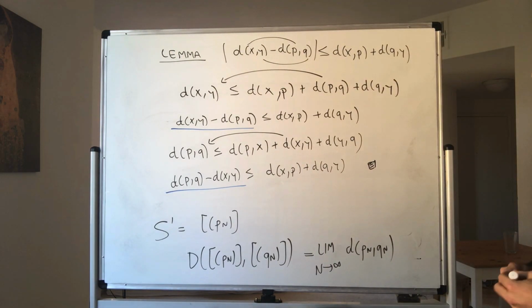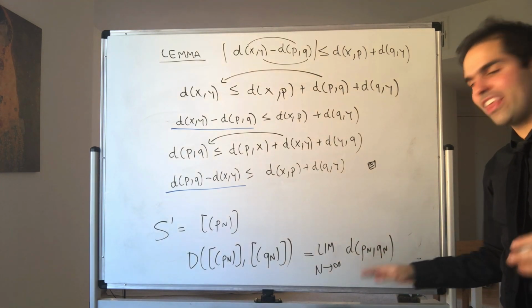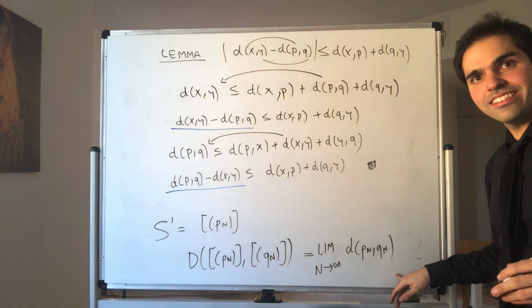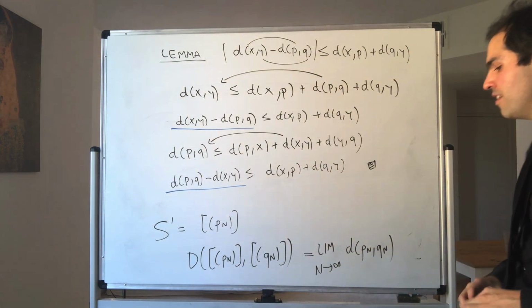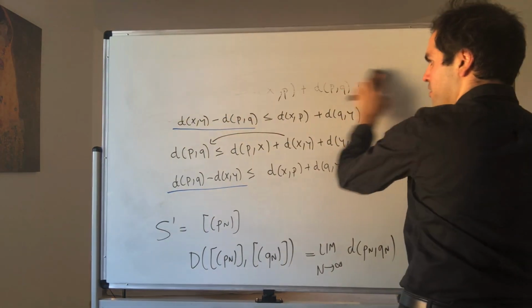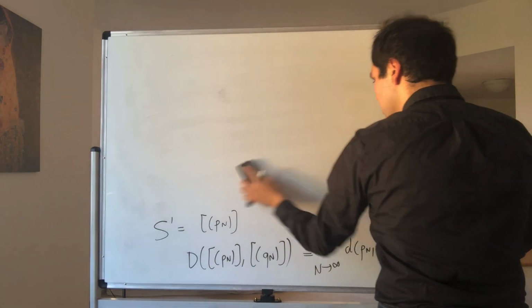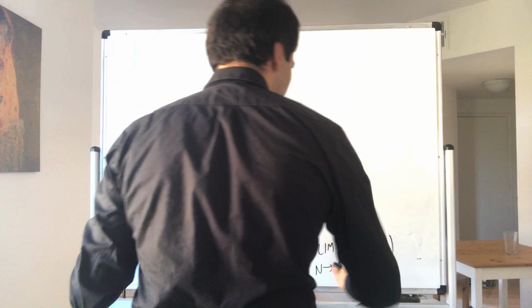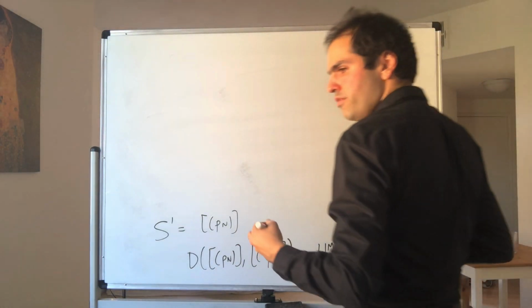And there are a couple of things we have to show. So first of all, we have to show that this limit exists, and we have to show that it's independent of the choices of sequences that we put. So first, let's show that this limit exists, and for this, essentially it's enough to show that this sequence is Cauchy.